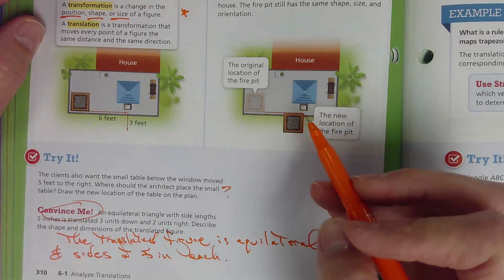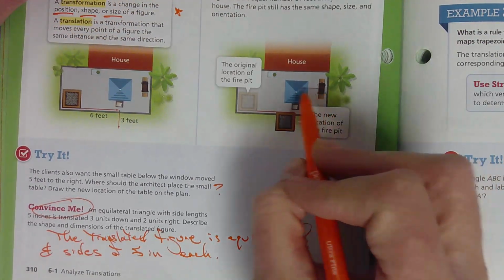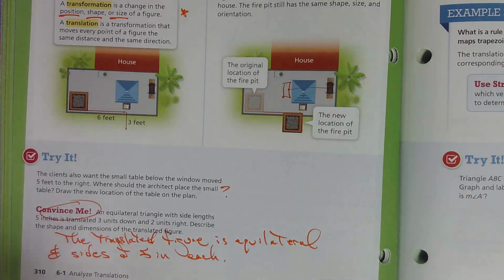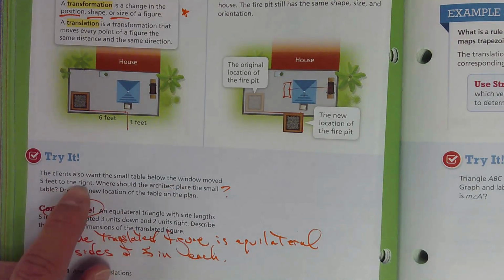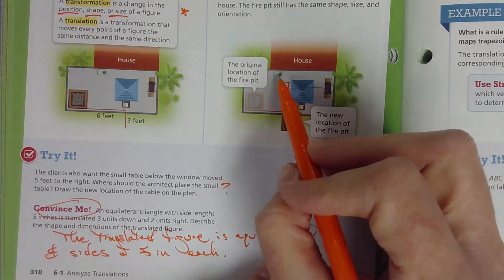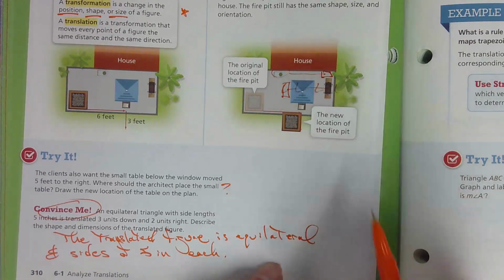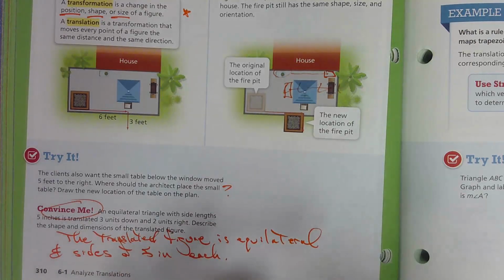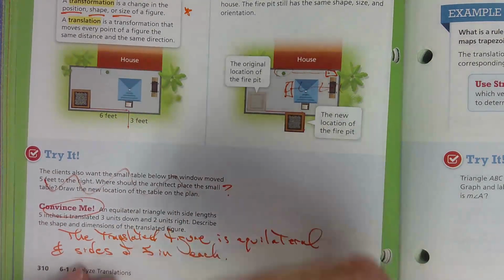I'm assuming this is the plan, but there isn't any kind of scale, so I'm just assuming they want the table here. Wait, the small table below the window moved 5 feet to the right. I just moved it to the left, but maybe this is the table they're talking about. Actually, now that I look at it a second time, I can't see a window anywhere. So anyways, the whole thing was kind of confusing, so I'm not really worried about it. You can just scratch that out.